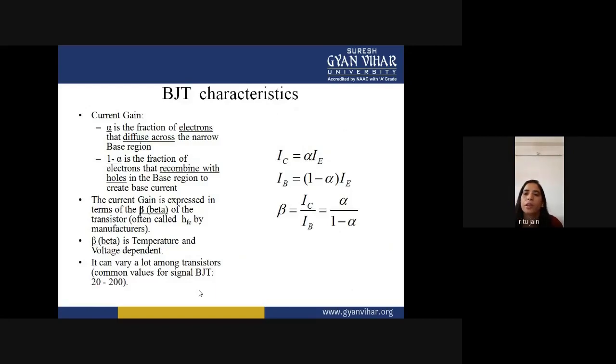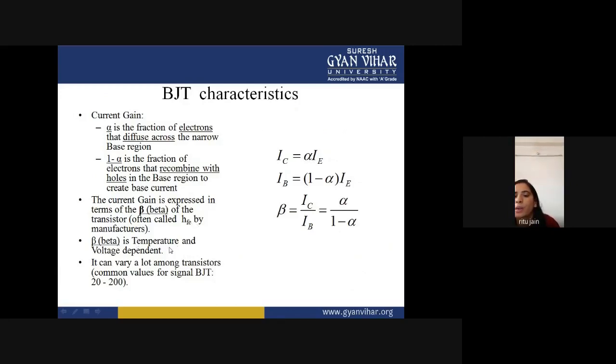current gain. Alpha is the fraction of electrons that diffuse across the narrow base region, and 1 minus alpha is the fraction of electrons that recombine with holes in the base region to create base current. The current gain is expressed in terms of beta of the transistor, often called HFE by the manufacturer.